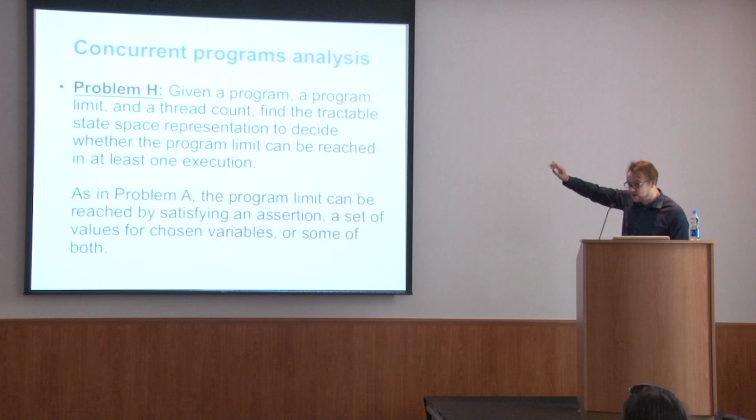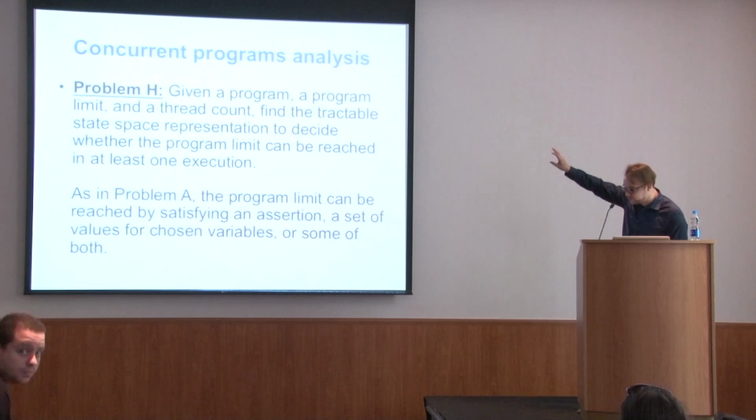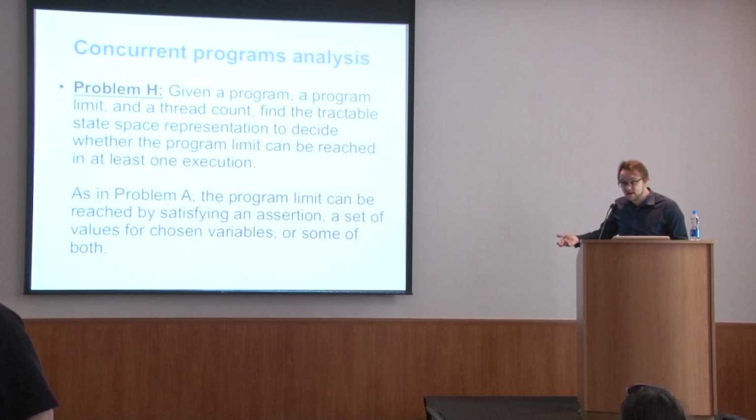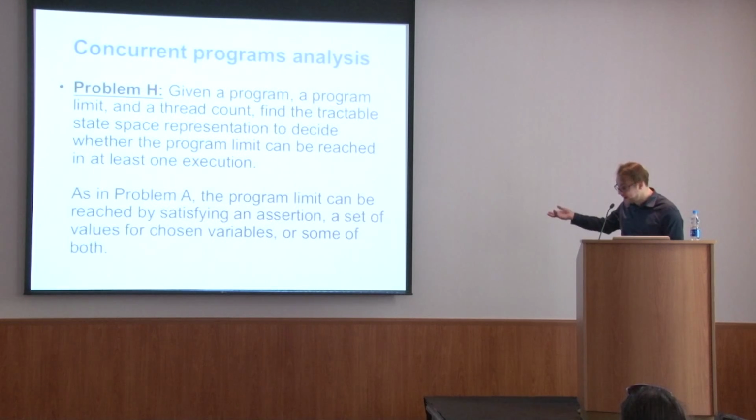So you get an exponential state space explosion as you have threads. Basically, at every single scheduling point, you're going to have n possibilities of scheduling. So it's n times n times n times n times n at every single instruction, which is massively exponential.